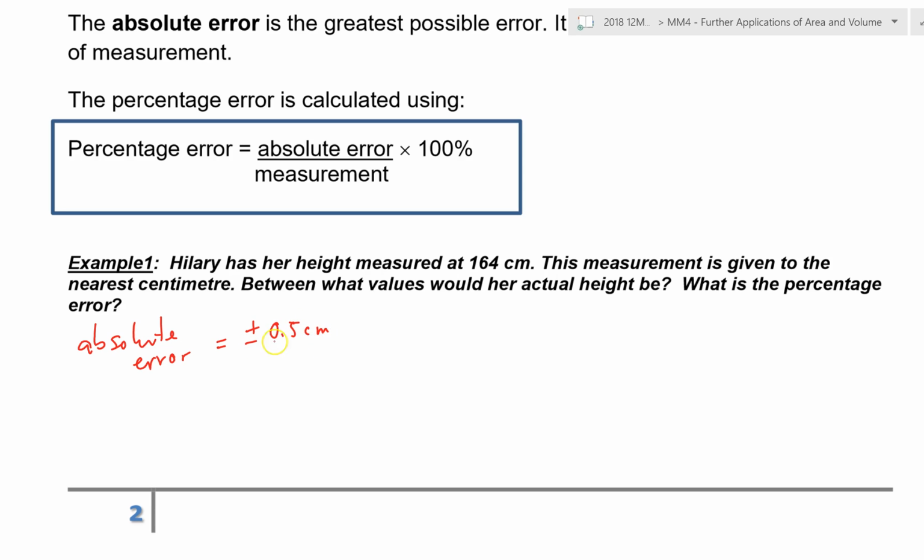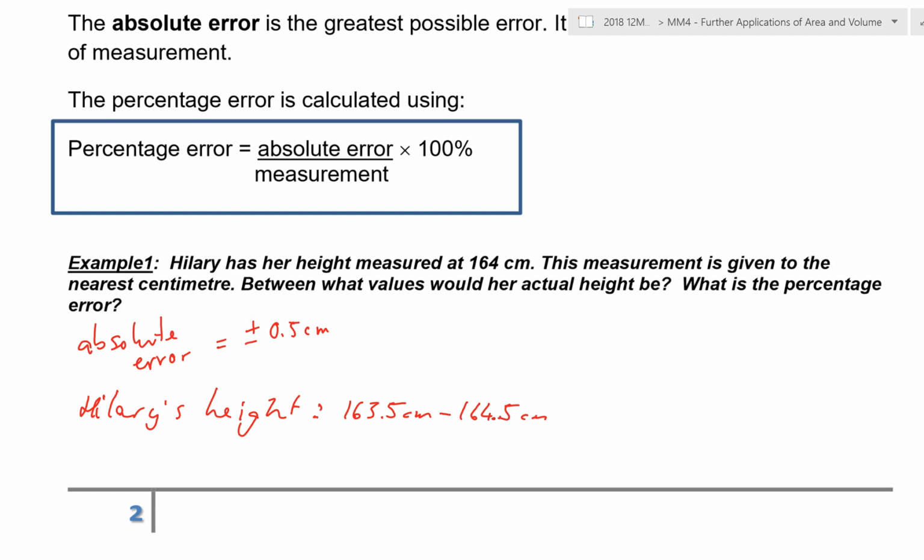This is how we write plus or minus 0.5 centimetres. So that means, between what values would her actual height be? Hillary's height is between 163.5 centimetres and 164.5 centimetres.